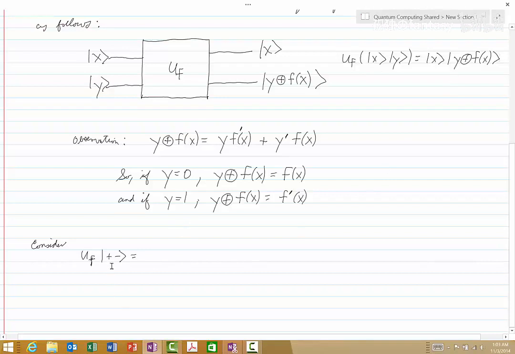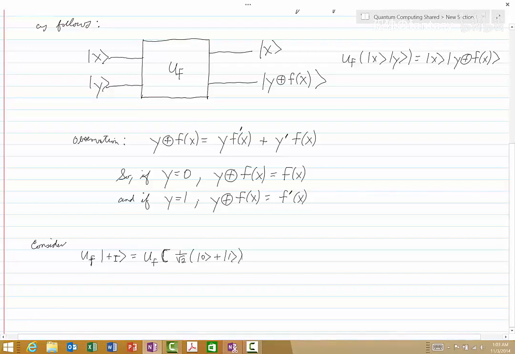Okay, so now we have U_f acting on the 2-qubit state plus minus. To figure out what this is, let's observe that this is the same as U_f acting on 1 over square root of 2, 0 plus 1.